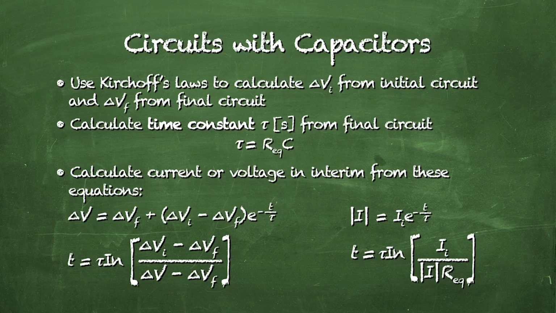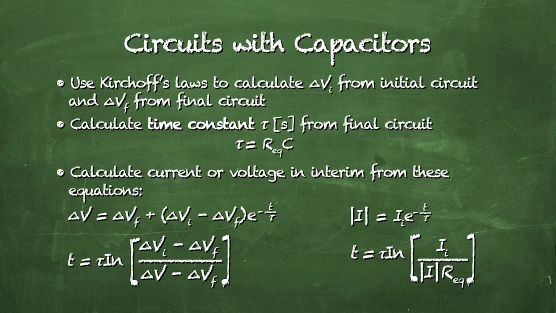So once again, the voltage across the capacitor changes exponentially. The absolute value of the current is equal to the initial current times e to the minus t over tau. So the current into a capacitor decays exponentially.